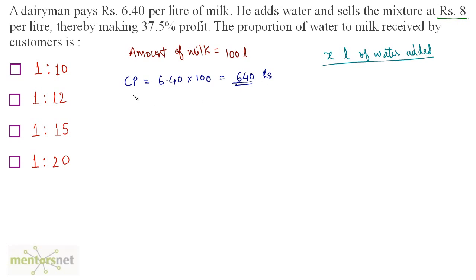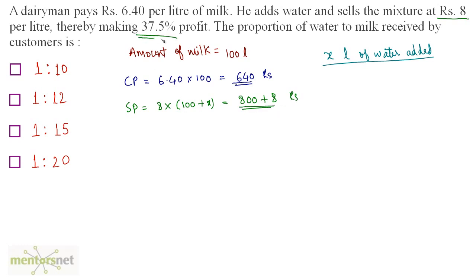So the complete selling price will be equal to the rate, which is 8, times the total amount of milk and water, the mixture of milk and water, which is 100 plus X. So 8 times 100 plus X. So this is equal to 800 plus 8x.